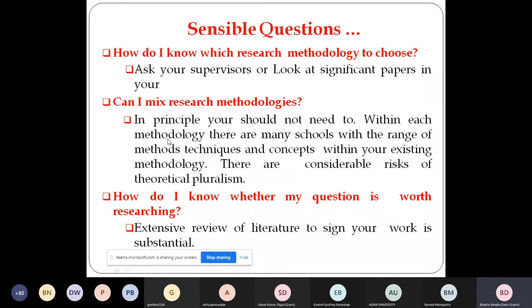Then the next, can I mix all methodologies together? Or whenever you ask questions to collect information, are your questions really pertinent? Are your questions helpful and supportive enough to provide the actual information that you intend to know? That is what it talks about, sensible questions.